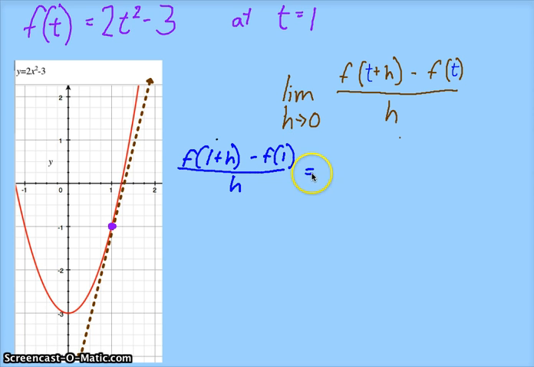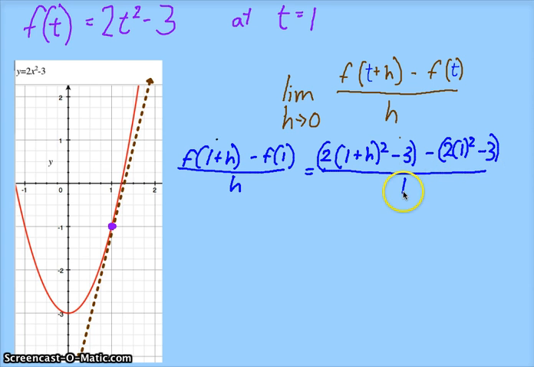So 1 plus h is my input here, so be very careful about that. This is my input into our function, minus f of 1, which is 2 times 1 squared minus 3, all of that divided by h.